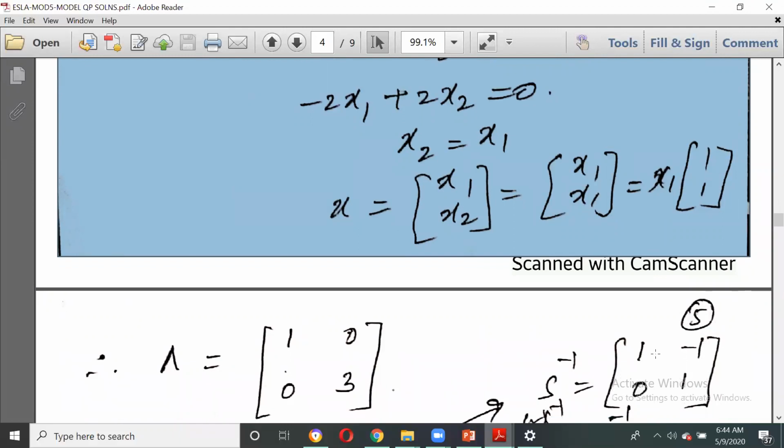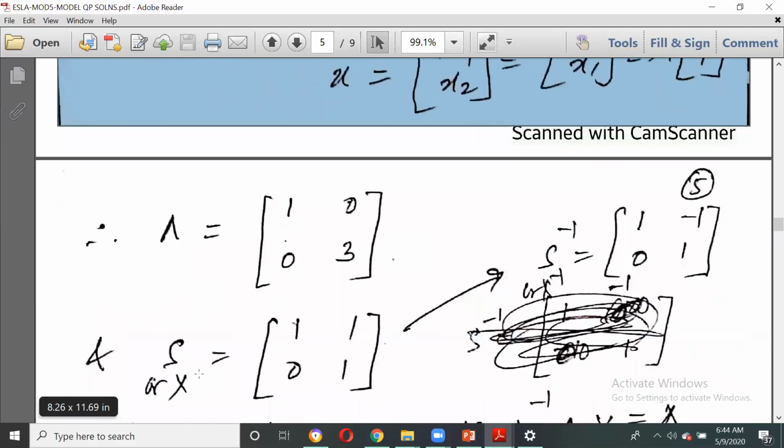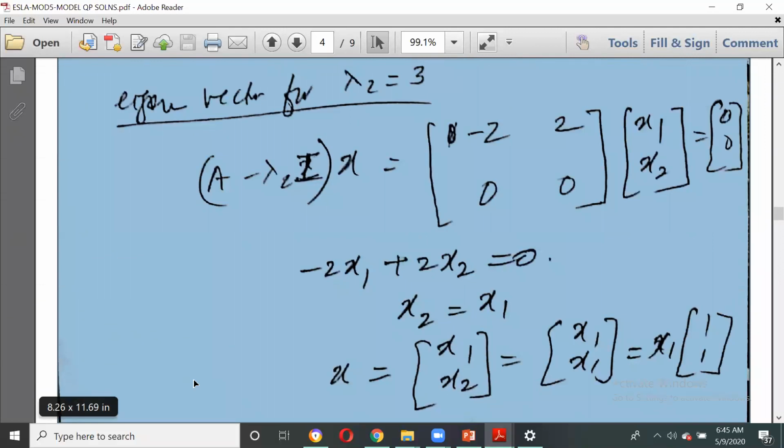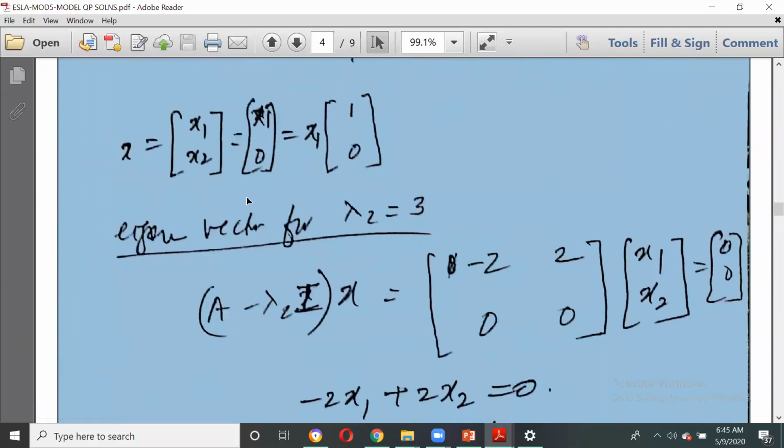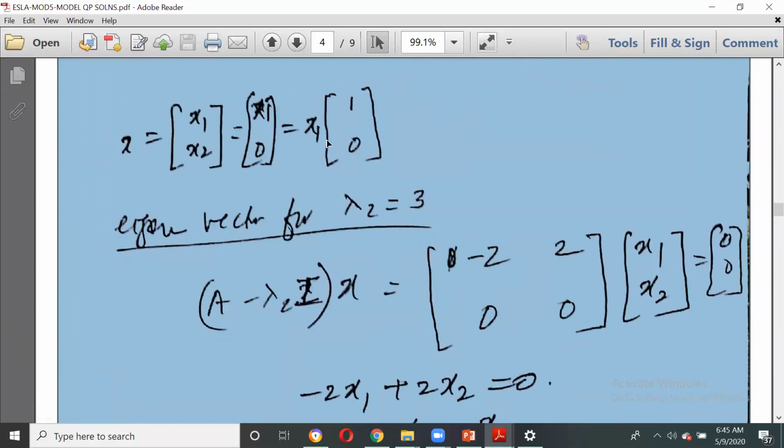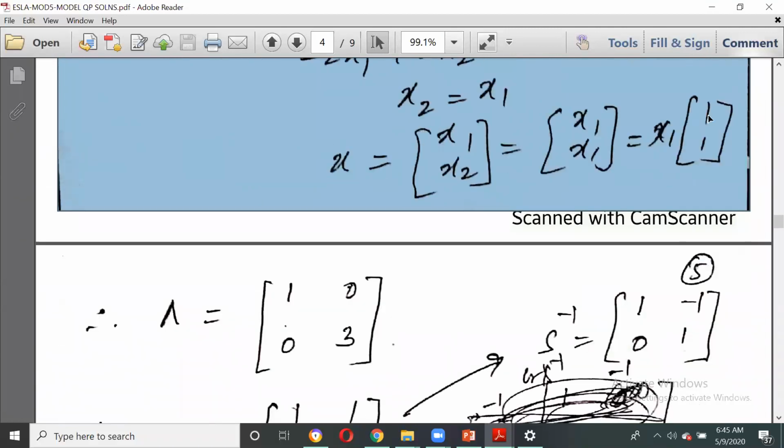Having done that, we have found the lambda, which is the eigenvalue matrix. Then the eigenvector matrix, either S or X, whatever you call it, we have found as [1 0] here and [1 1] here.